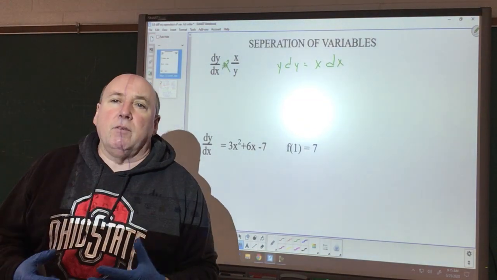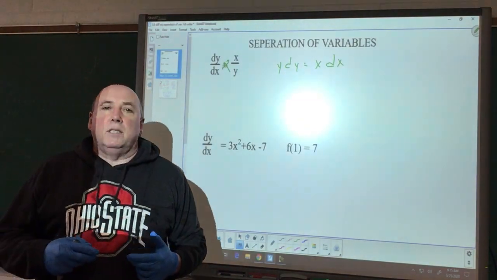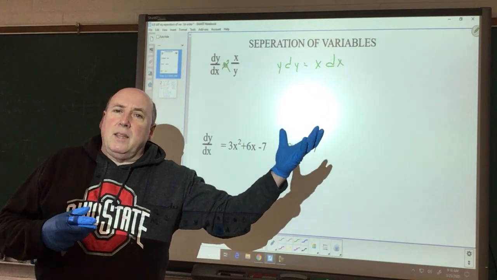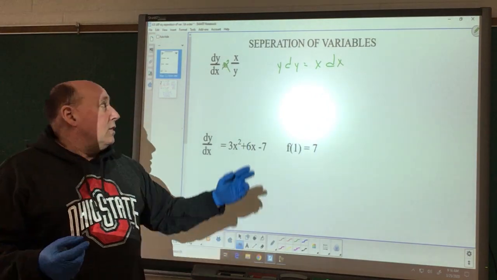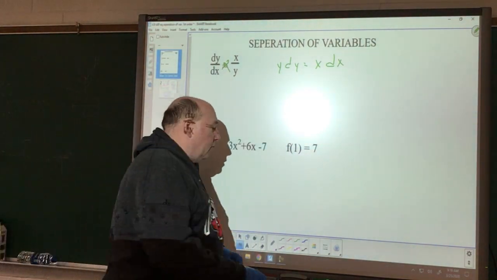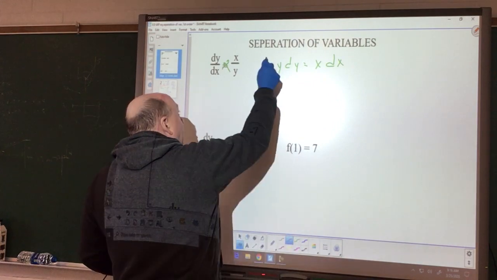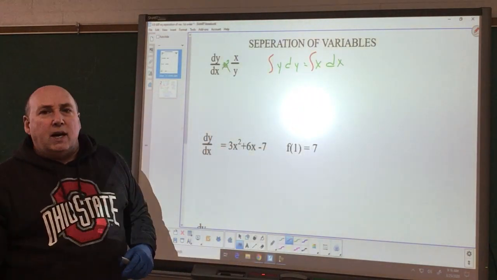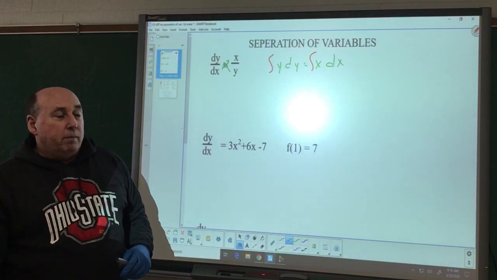Now, just like we do everything in mathematics, we have an equality sign. Whatever you do to one side of the equal sign, you must do to the other. Since we have these differentials here, we get rid of those differentials by taking the antiderivative of both sides, or the integral of both sides.